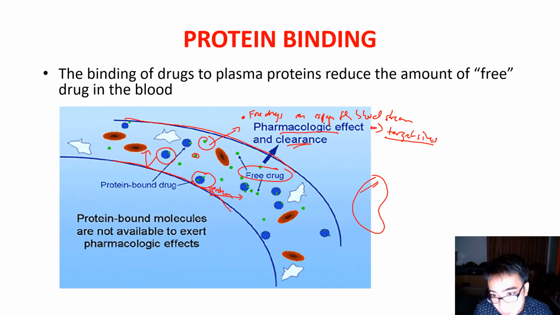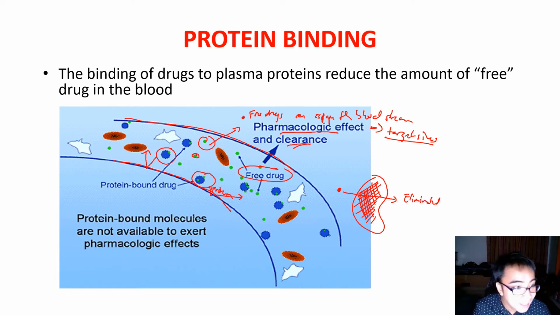Isipin nyo, class, yung nephrons dyan are mesh wires. Sinasala nila, class, yung lumalabas sa kidneys. Normally, class, if a drug is free, maliit lang siya. It's unbound. So, it can easily cross the mesh wire of the nephrons. Parang siyang filter kasi. So, it can easily pass through the nephrons and be eliminated.